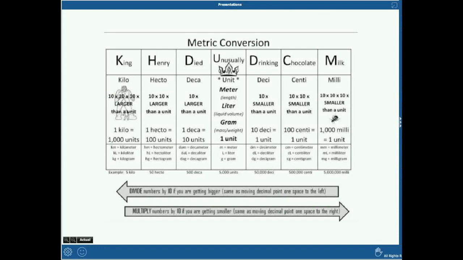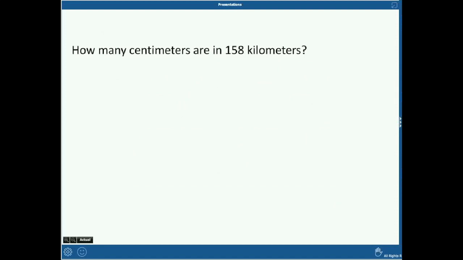So let's see. Okay, so here's an example question just to give you an idea. Okay. So basically I'm going to put what I know first. So that's that 158 kilometers. Okay, and then there's this thing that they call a train track. Let me see if I can get it to work again.